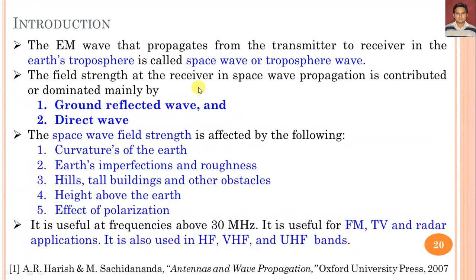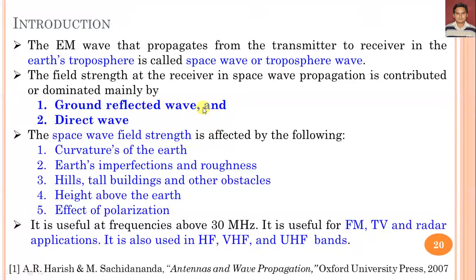The field strength at the receiver in space wave propagation is dominated mainly by the ground reflected wave and the direct wave, as we discussed in lecture 1 of this series. This occurs in the tropospheric region, so it is called tropospheric wave propagation, or sometimes space wave propagation.